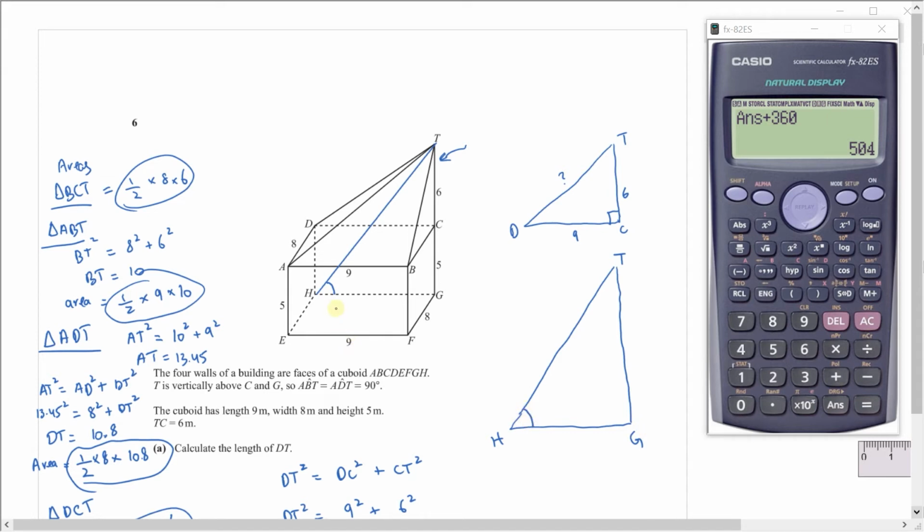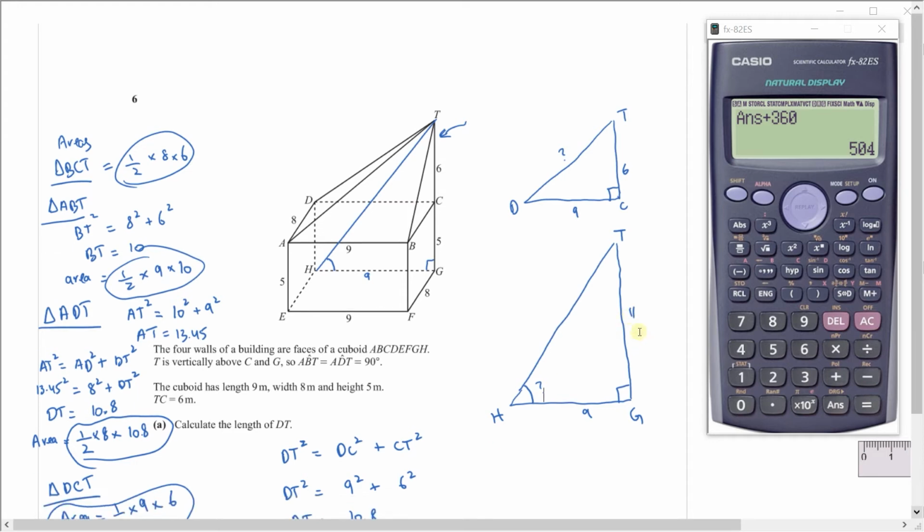So if this length GH is 9, and GT is 6 plus 5, which is 11. And this angle here is 90 degrees, because this point T is directly above C and G. So this is the angle that we need to calculate. I have this perpendicular height and the base, so I can use tan of theta equals 11 over 9.